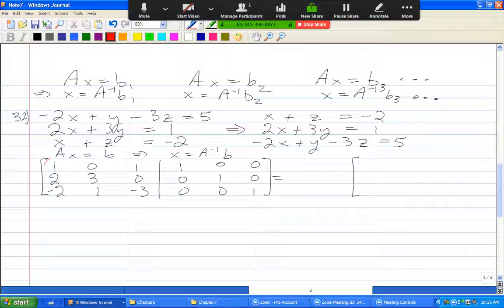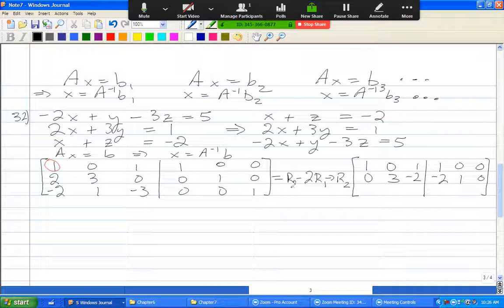So let's pivot. Let's multiply. So the first row I'm going to keep the same. For the second row, I'm going to do the second row minus 2 times the first row to give me a new second row. 2 minus 2, 0, 3 minus 0, 3, 0 minus 2, negative 2, 0 minus 2, negative 2, 1 minus 0, 0 minus 0.